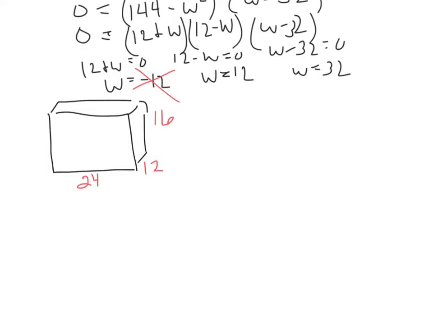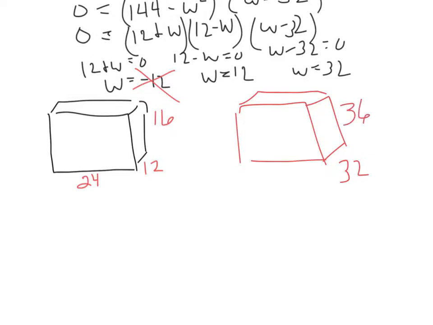Now, looking at the last one, 32, let's see if we can make sense of this one. If the W is 32, then 32 plus 4 is now 36, and 36 minus 32 would make my length 4.